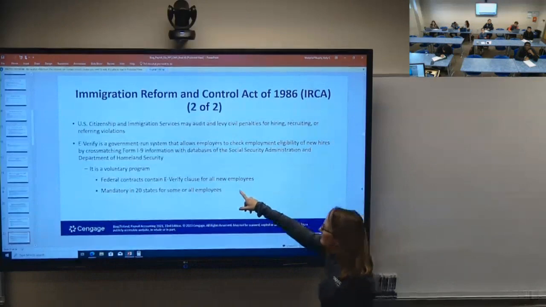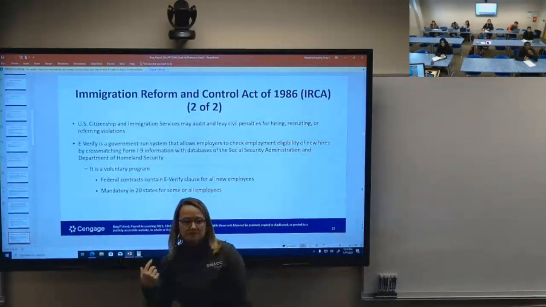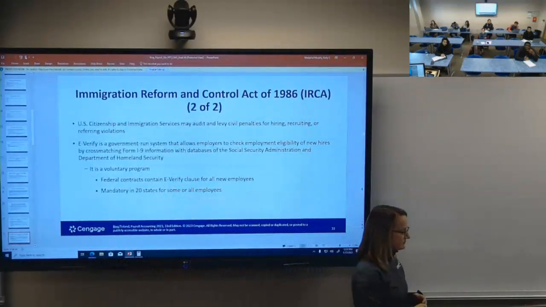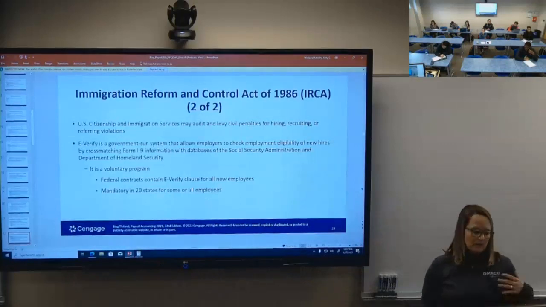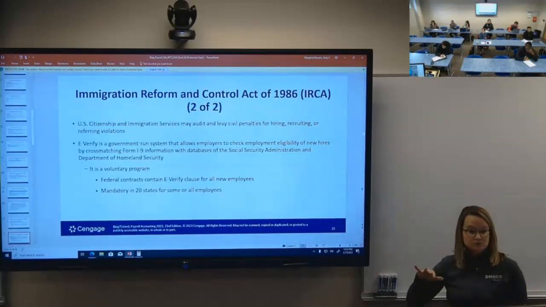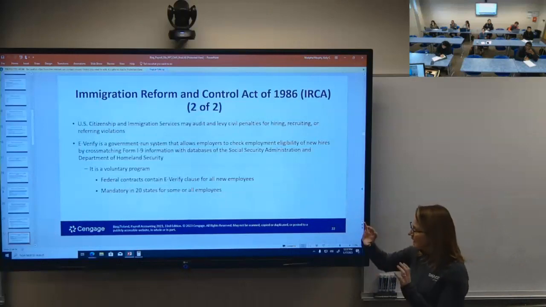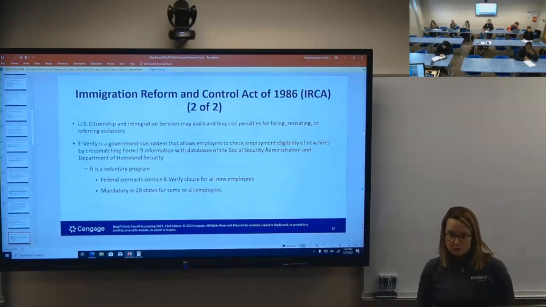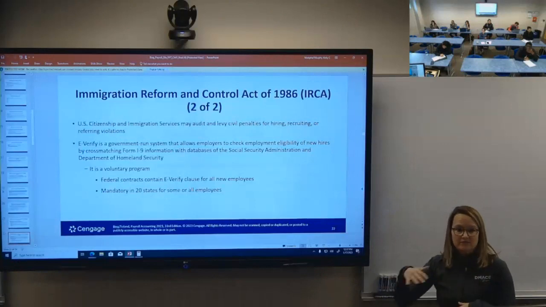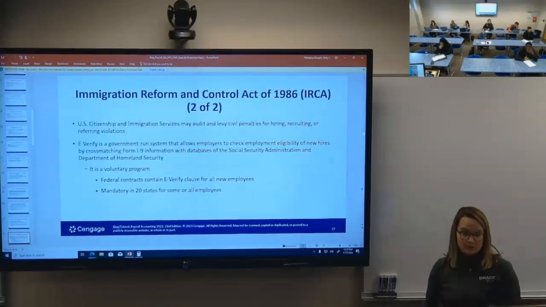The E-Verify system is a system that is run by the federal government. It's an electronic system where employers are allowed to enter the E-Verify system and make sure that employees are eligible to work. So it's an additional level of security for the employer.